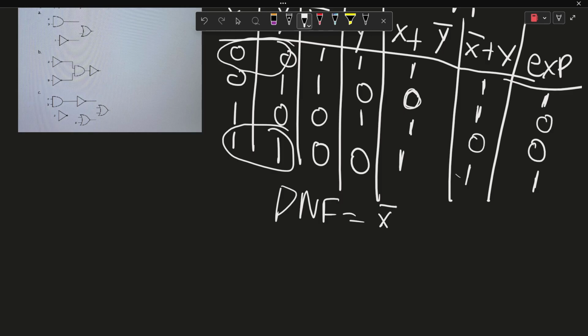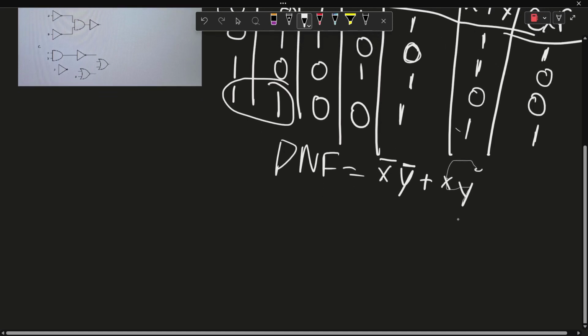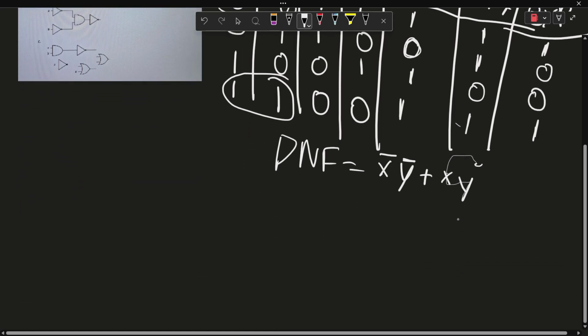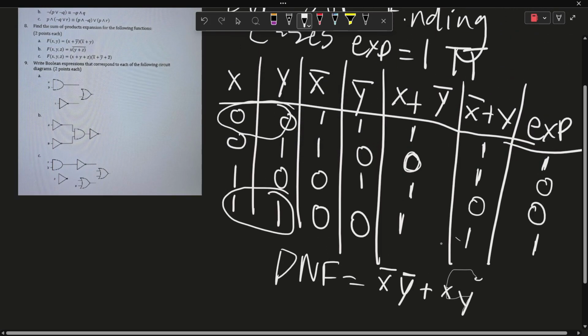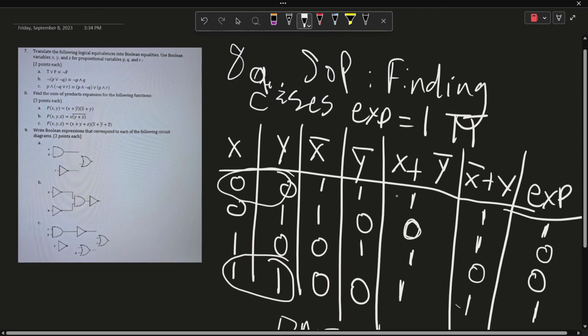So it's x naught, y naught, or x, y, the only time where the expression comes out to 1. So that's the answer for that one.